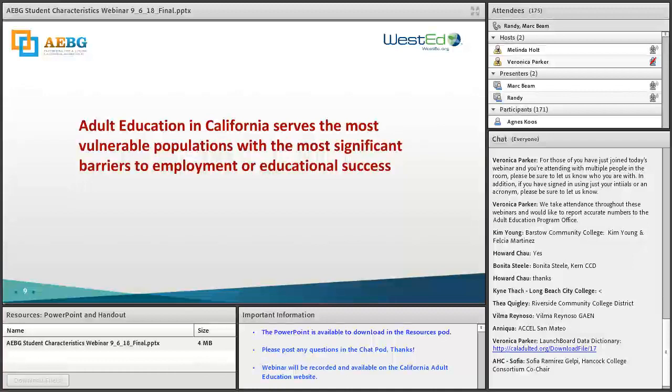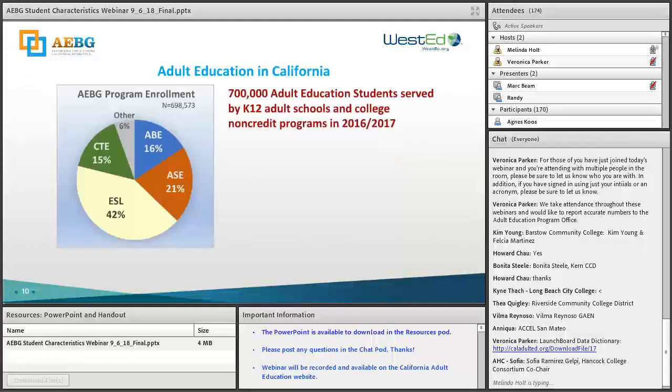First of all, adult education in California serves pretty much the most vulnerable populations with the most significant barriers to employment or educational success, meaning that a lot of the special populations are disproportionately and highly represented in the adult education population. And it's a diverse group with diverse barriers. So being able to differentiate how you're serving different types of students is pretty significant to the field.